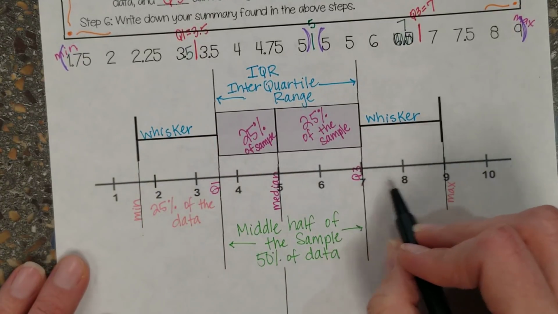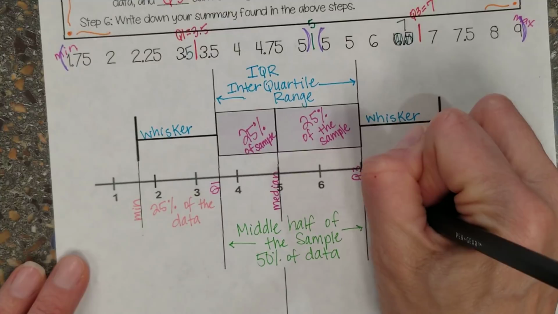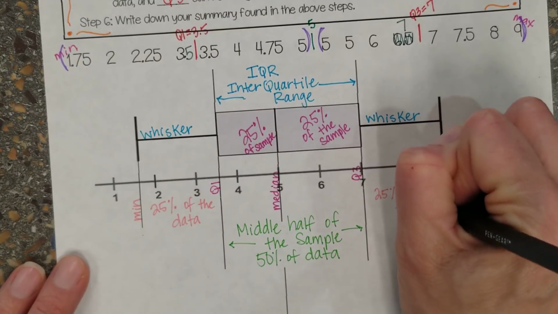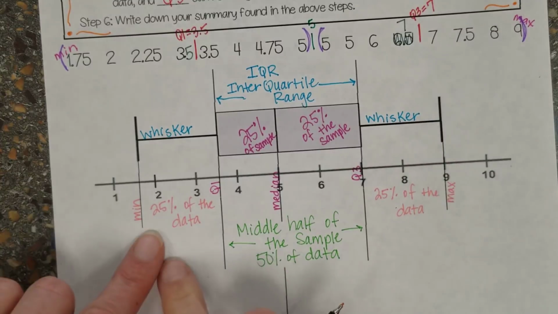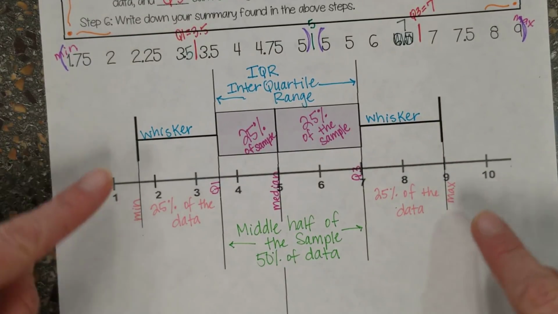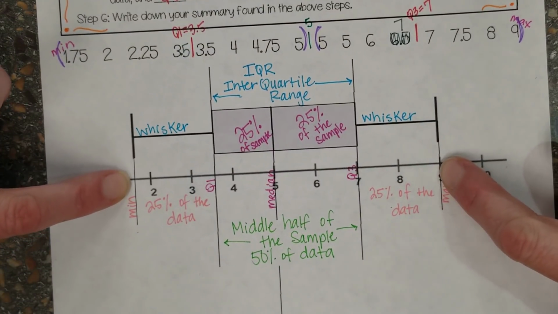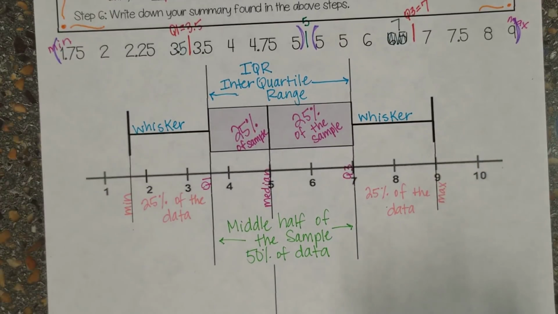And then from Q3 to the maximum is another 25% of the data. So if you do 25 plus 50 plus 25, you get 100% of the data falls between the minimum and the maximum, which makes sense, right? The lowest number and the highest number.